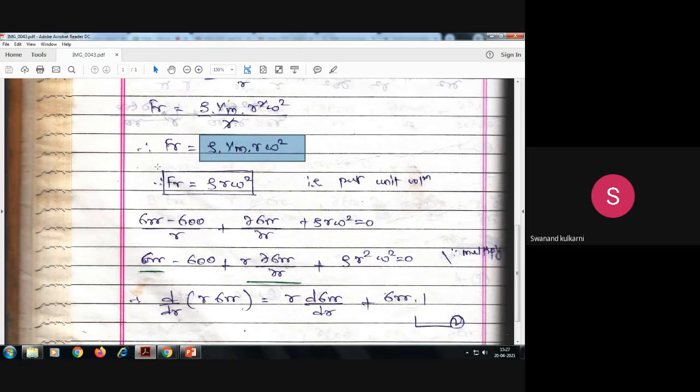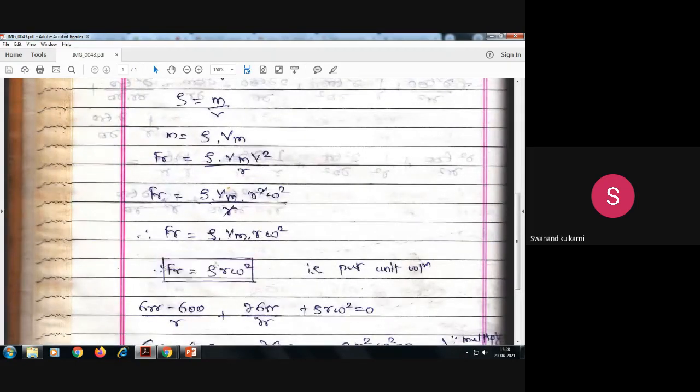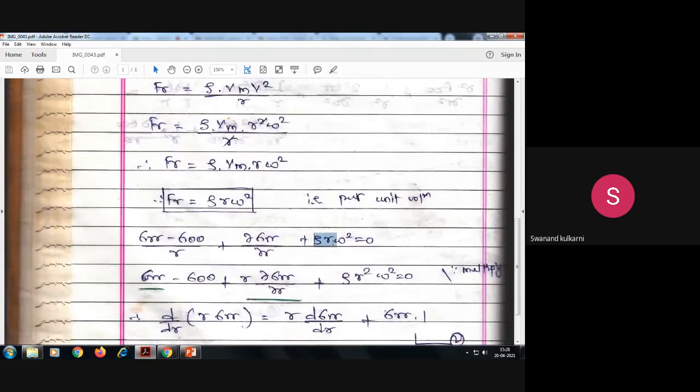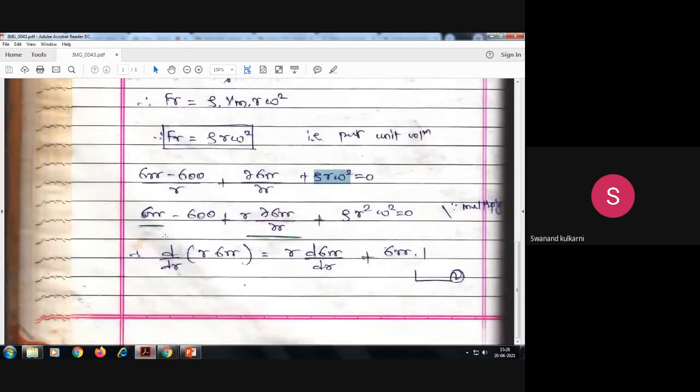The body force is now F_r equal to rho r omega². Let us substitute this F_r equals rho r omega² here, and we get the equation (σ_rr − σ_θθ)/r + ∂σ_rr/∂r + rho r omega² = 0. Is it okay?